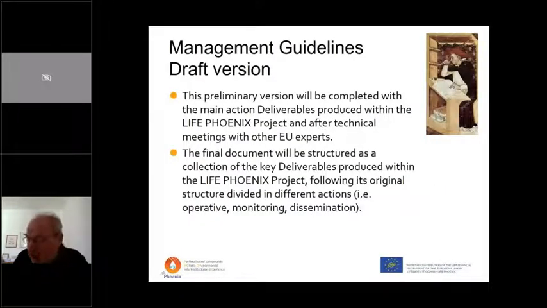The second document that will be produced at the end of the project is the management guidelines. The preliminary version will be completed after this series of technical sharing meetings, and the final document will be structured including all the key deliverables, but in a practical form.